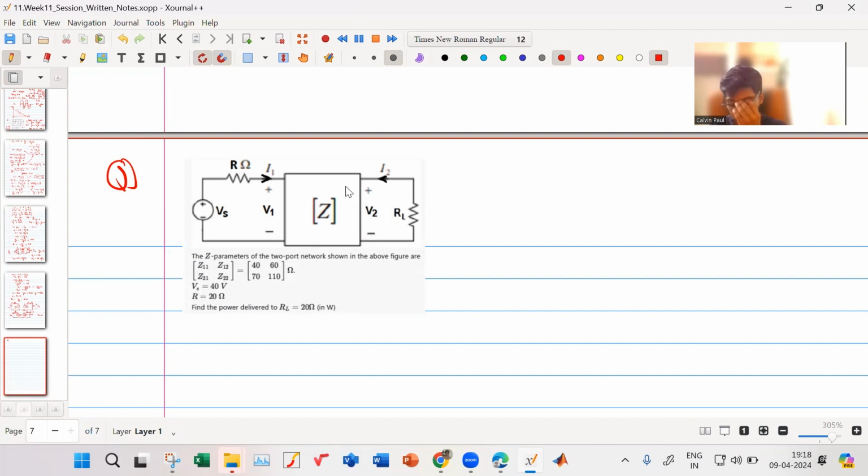If I know the voltage V2 and the current flowing through that RL, then we'll come to know the power delivered to RL. So I need V2 and I2. Okay, so how will you do that?